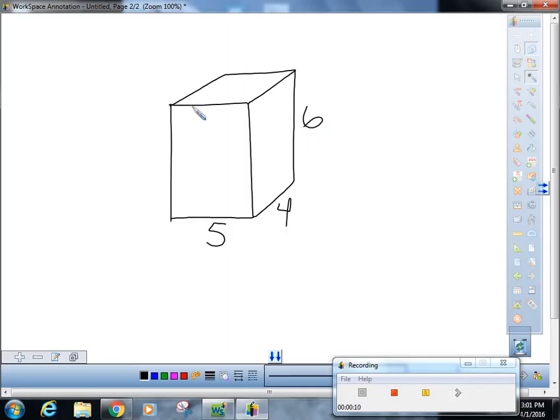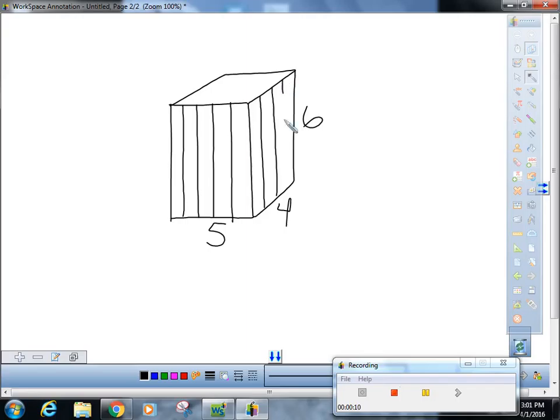Okay, so 5 units. We got 1, 2, 3. Okay, we got 5 units wide. This one's 4. And then 6 high. This is going to be a little harder.